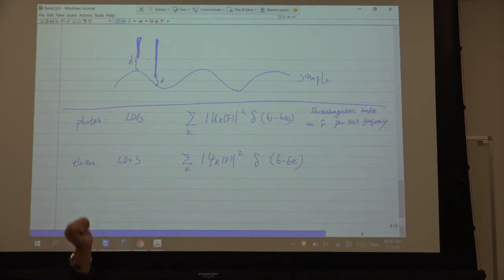Here it's just the number of electrons, versus the number of electromagnetic modes, at this position r per unit energy. It's quite similar. This is just for the tunneling current.